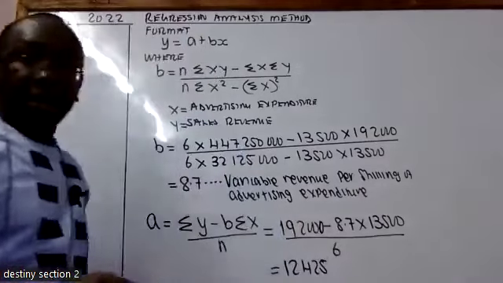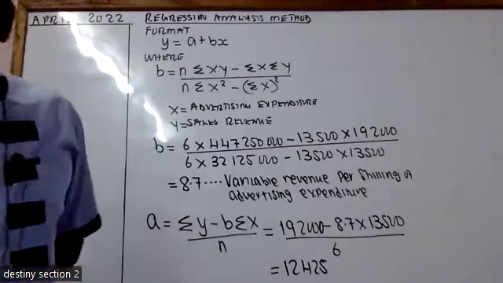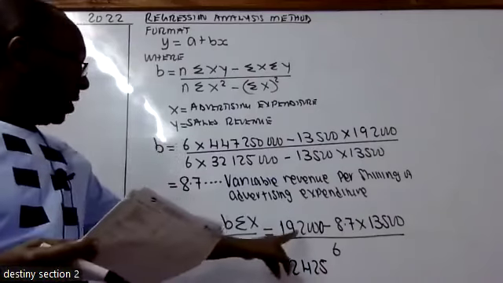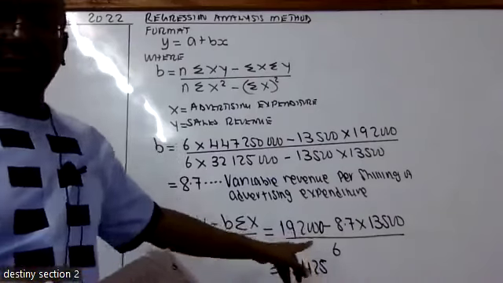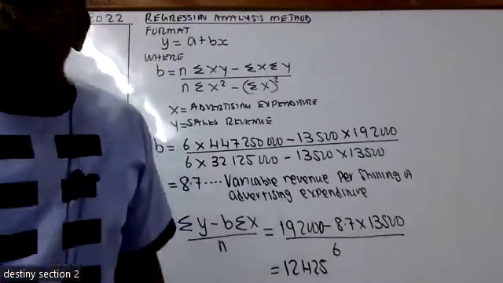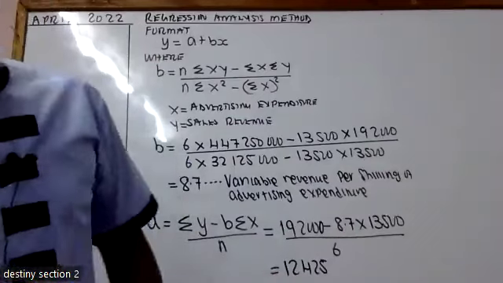Oh, okay. I was seeing 19, and 8 times 13 is obviously more than 19. So that's okay. Thank you.